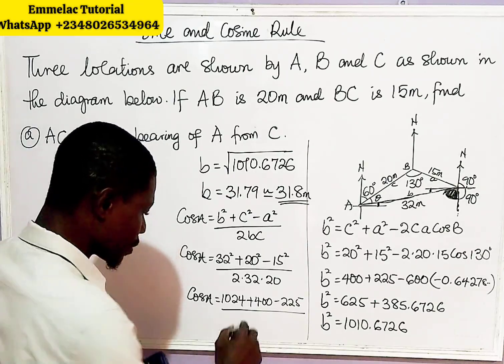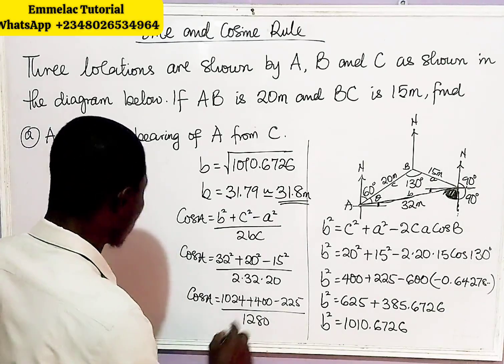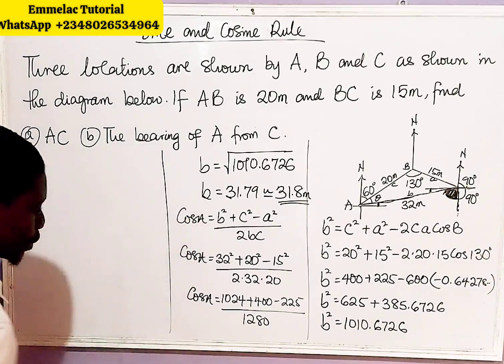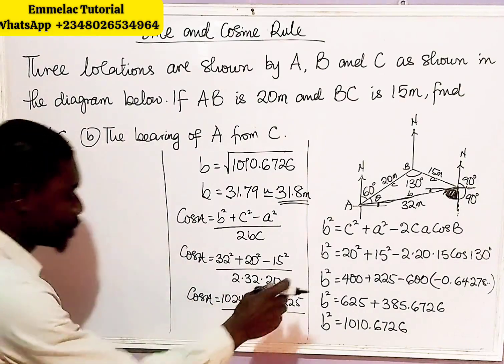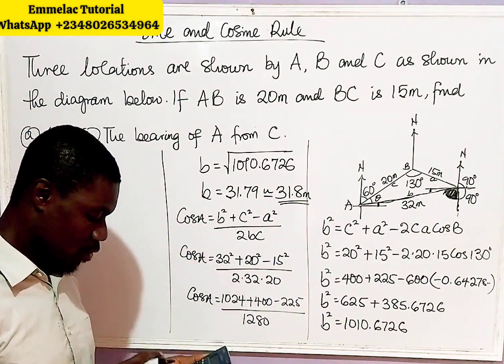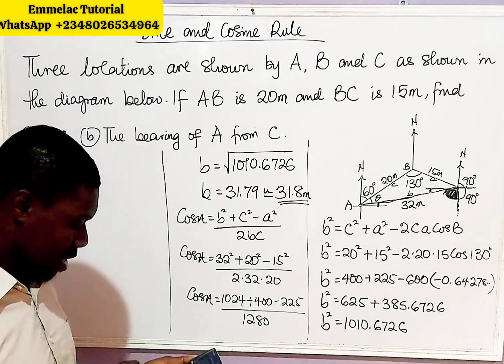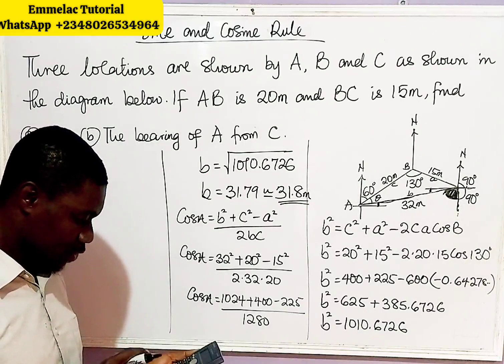Now this gives 1280. So cos A, now computing the numerator, you have 1024 plus 400 minus 225.